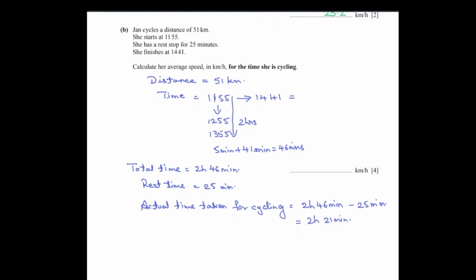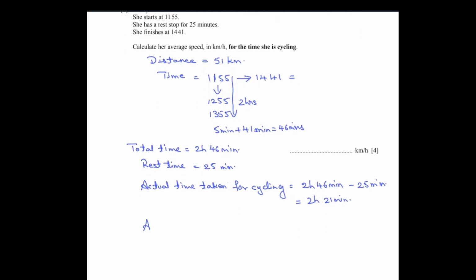Now we'll find out the speed. Average speed is equal to total distance 51 divided by 2 hours 21 minutes. Now we need to convert this 2 hours 21 minutes completely into hours.